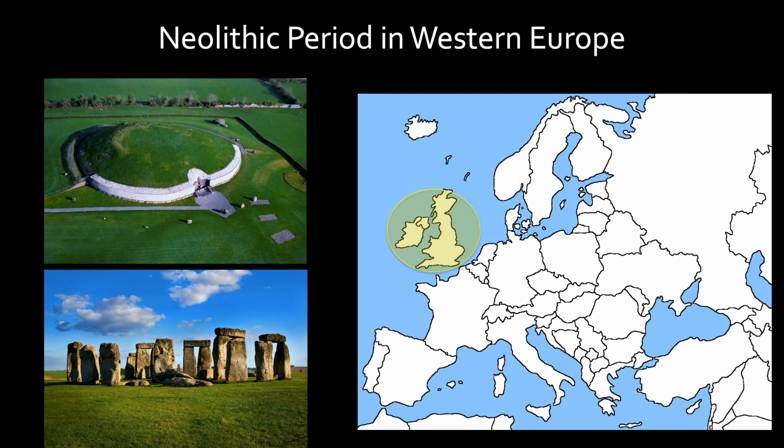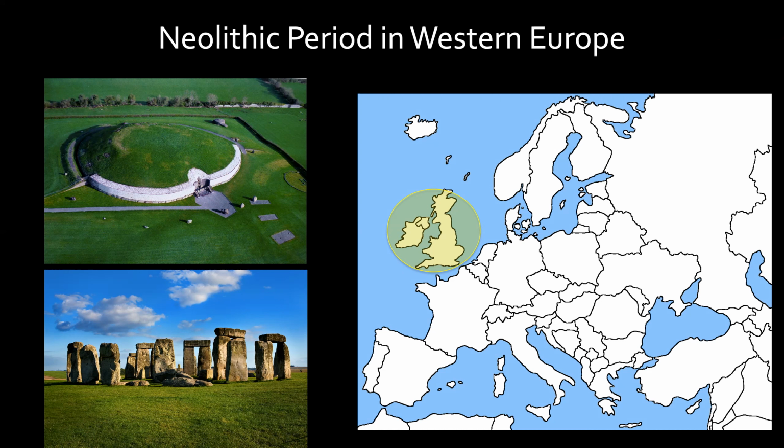He is both what we would consider a king, but also a priest. We use the term priest king today. That's a contemporary term that we use to describe this figure. So we see a strict social hierarchy, and that dictates the architecture that we see. What we also see that is different is building material. The main building material that we're going to look at in Western Europe is stone.